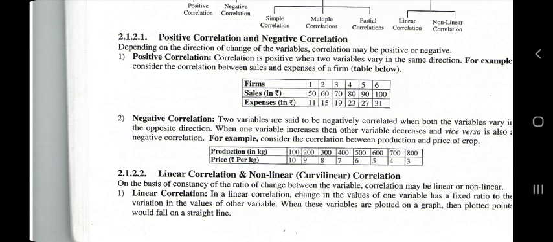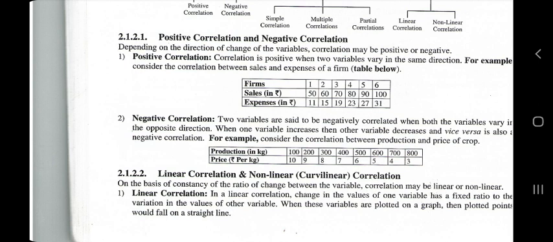In the same way, in the expenses, 11 to 15 the difference is 4, 15 to 19 difference is 4, 19 to 23 difference is 4, 23 to 27 difference is 4, means the difference is always the same in the consecutive data. So in both sales and expenses we have seen that kind of pattern.